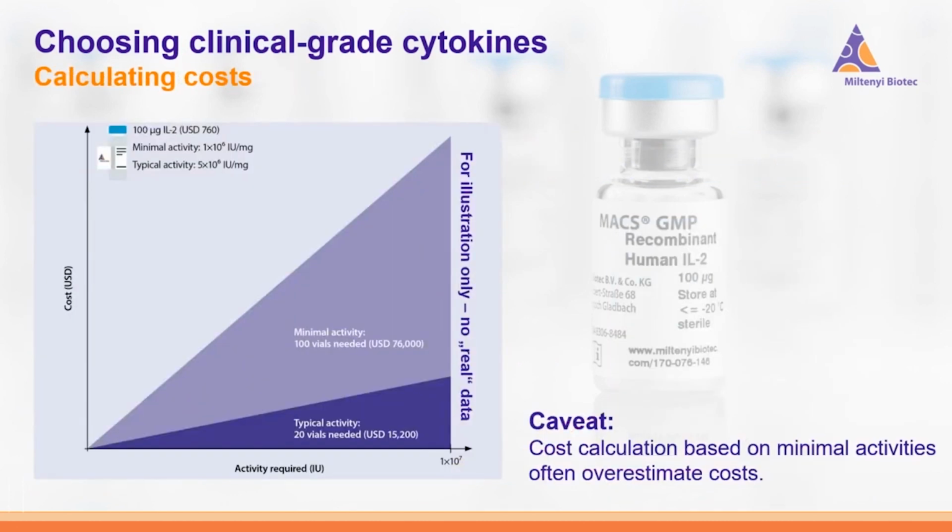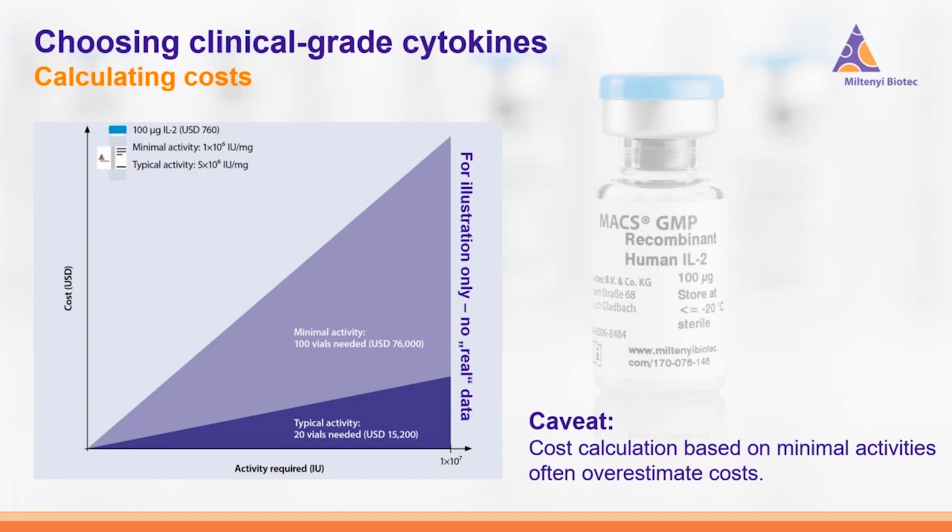A very common caveat is that a lot of people use minimal activities to calculate their cost. This results in a very drastic overestimation of the costs. It's actually very simple and straightforward, but a lot of people don't think much about it.